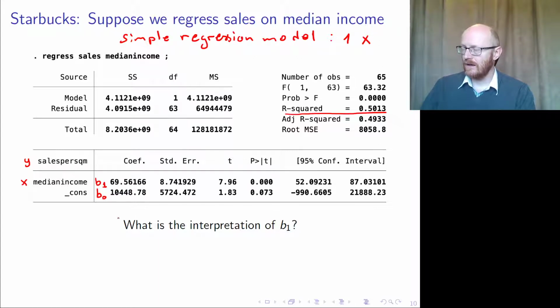In this case, we are interested in our slope. We got a slope of 69.56, and what do we make of that? Well, the t-value is 7.96 standard deviations away from 0, so it's statistically significant.